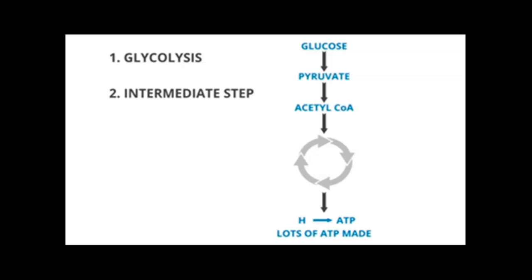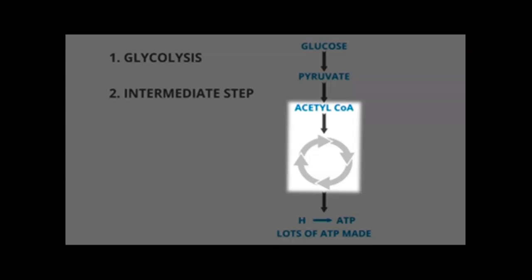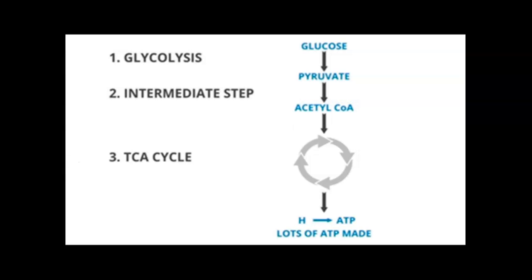Next, we said that there was the TCA cycle, which took the acetyl-CoA and other small molecules, and throughout this cycle, it's going to pluck hydrogens off of those small molecules. So let's label that TCA cycle. Finally, let's label the last part the electron transport chain, because this is where all of those hydrogens are going to get used to make ATP.